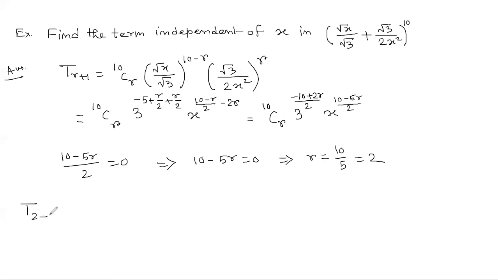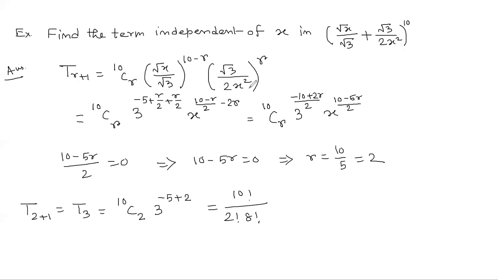So 2 plus 1, that is the third term, is independent of x, which is given by 10C2 into 3 power minus of (10 plus 2r), that is minus of (5 plus r), the value of r is 2, and x power 0. So it is 10C2, that is 10 factorial by 2 factorial into 8 factorial, and here we have missed a 2, the power of 2.